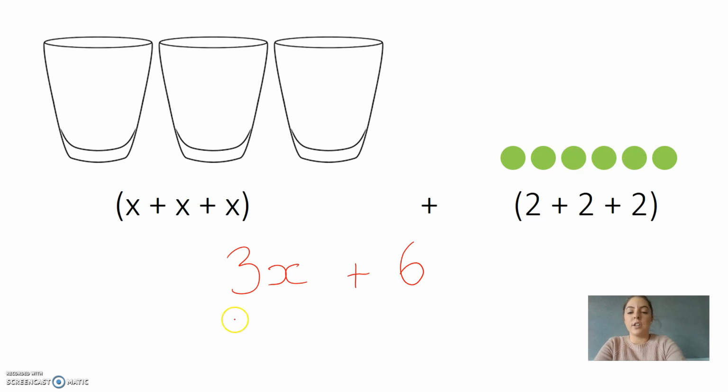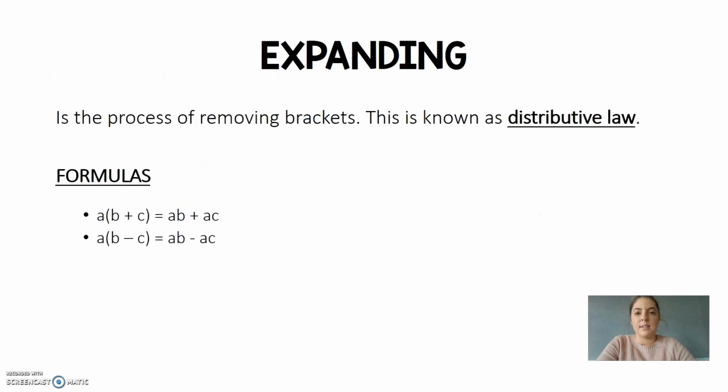So the expression 3 times x plus 2 is the same as writing 3x plus 6, and we call that process expanding brackets. When we expand, we're ultimately removing the brackets, and there's a little trick so that you don't have to do a visual with cups and dots every single time, particularly when our expressions are becoming larger.